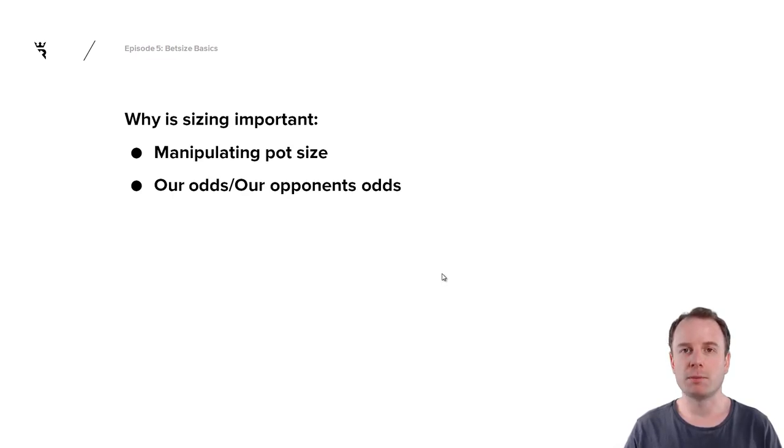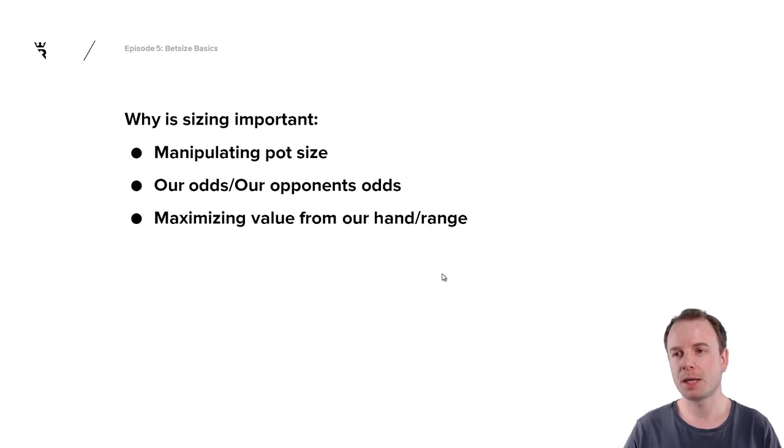Say we bet 1/3 pot. We're betting 1/3 to win 1, which is pretty good odds. And the same for our opponent. If we bet 1/3 pot, he only has to call 1/3 pot to win the entire pot potentially. We get to decide what kind of odds we're going to give ourselves plus give our opponent.